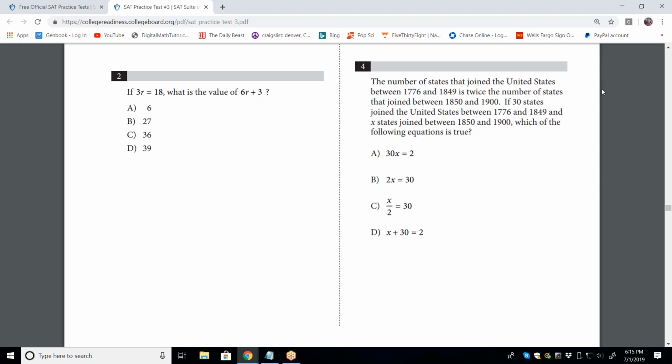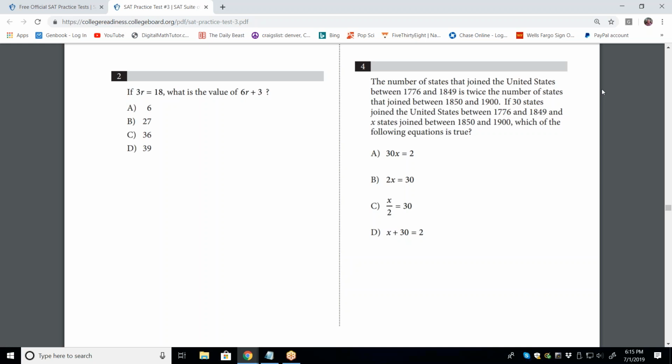Just think about that for a moment. First part is twice the second part. And they're telling you that the first part was 30. So what's the second part? Okay, good. Now, let's look at all those answers.